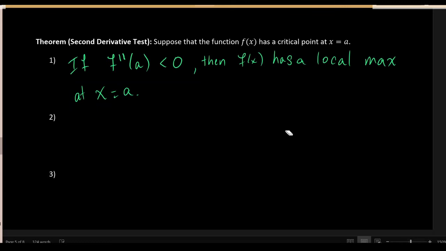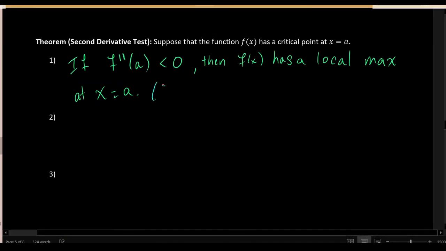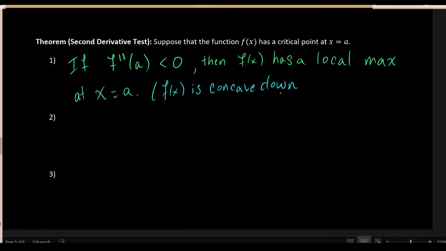Somehow, in my mind, I tend to associate negative with low stuff. But what's happening here is that when we say the second derivative is negative, then that means that the original function is concave down. Concave down from back when we talked about concavity and inflection points in, I think, video 15 or something.